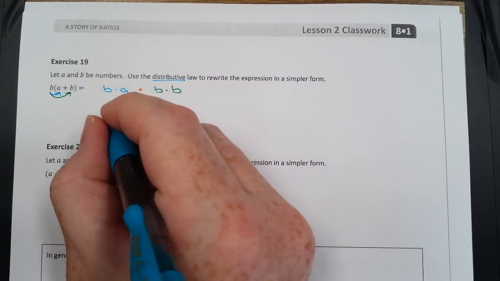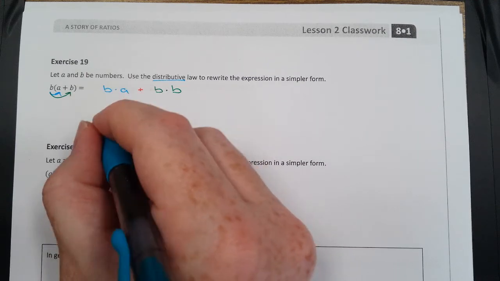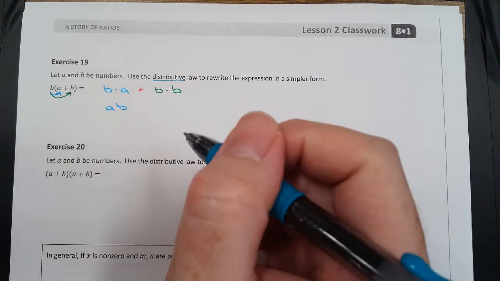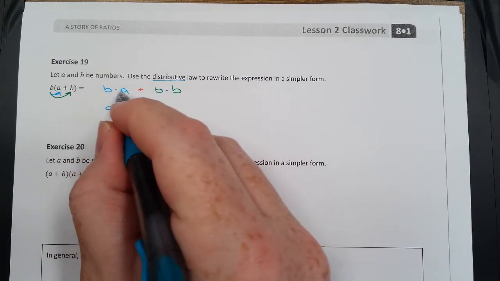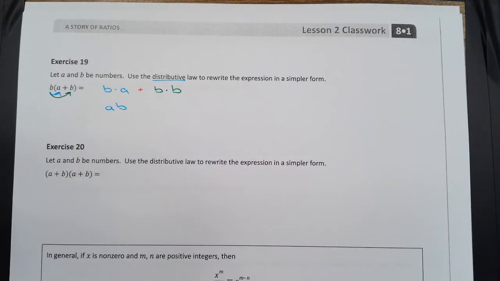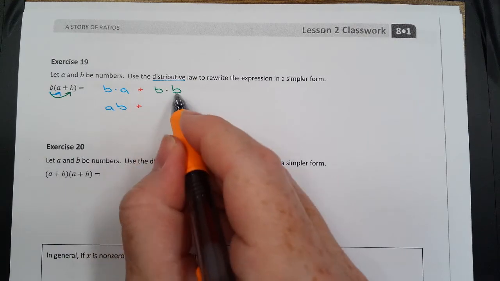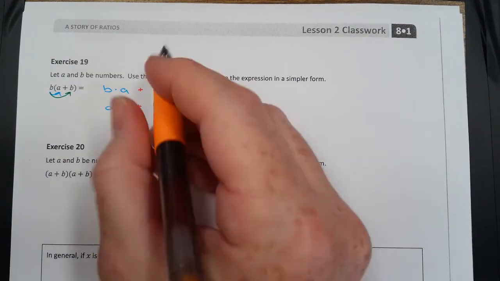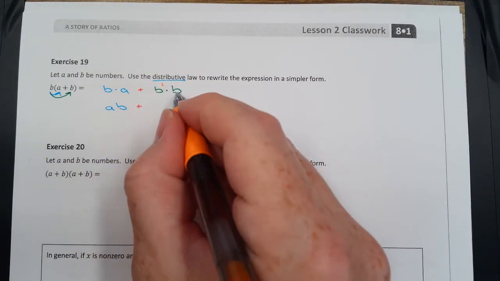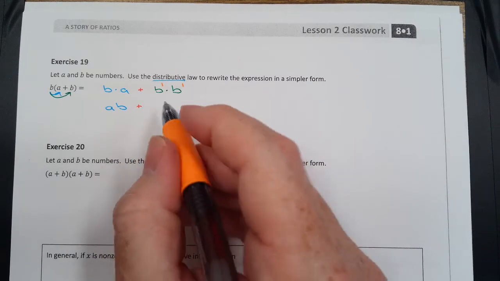Although most people tell you just go in alphabetical order. So instead of BA, I'm going to write AB to go in alphabetical order. But B times A times B, same thing. And hopefully you remember, there's a B by itself, a B by itself. Well, this B is actually B to the first. This B is B to the first.